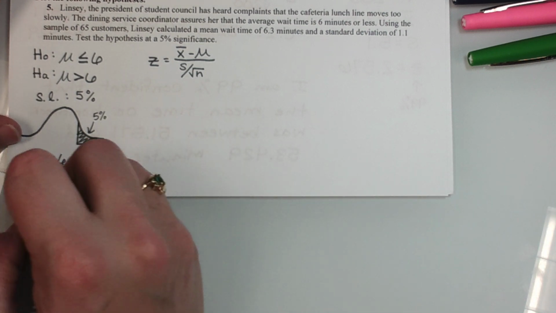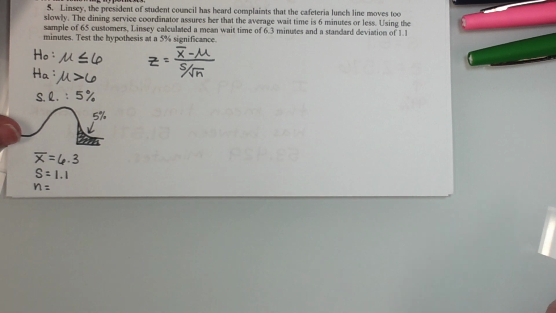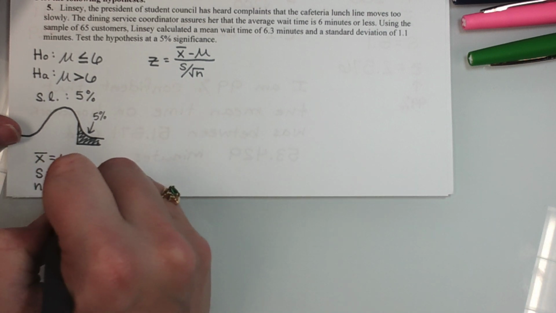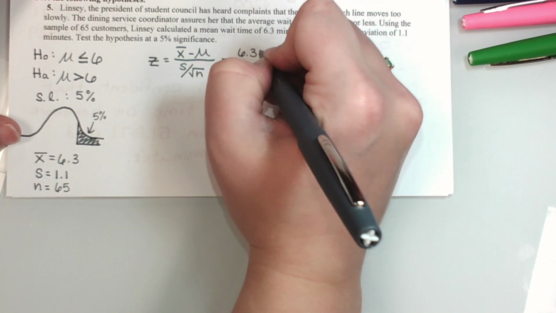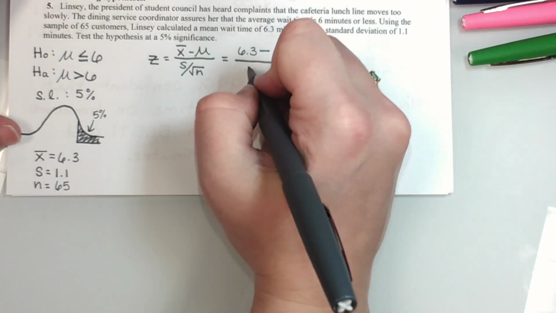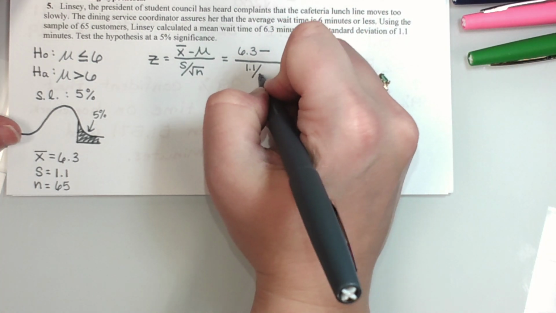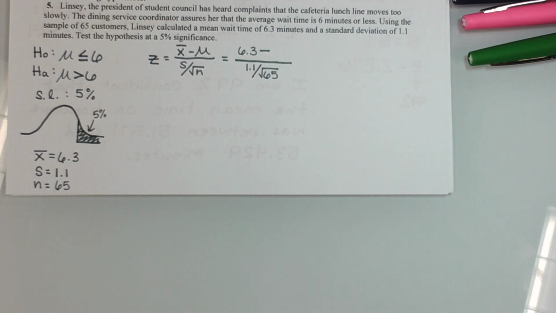Sample standard deviation, yep, 1.1. What's n? 65, the sample size. So 6.3 minus something over 1.1 divided by the square root of 65. That something tends to be one thing that messes with people.